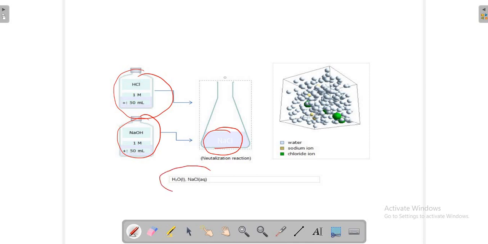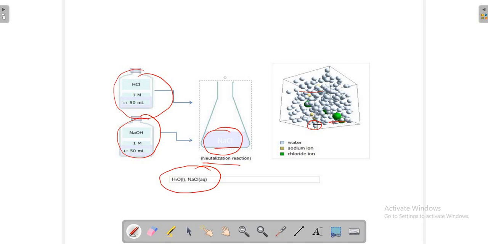So this kind of reaction is known as the neutralization reaction. Here you can see water molecules and sodium ions and the chloride ions. Sorry, I said the sodium molecule, that is not correct. Sodium ions basically. So this type of reaction is known as the neutralization reaction.